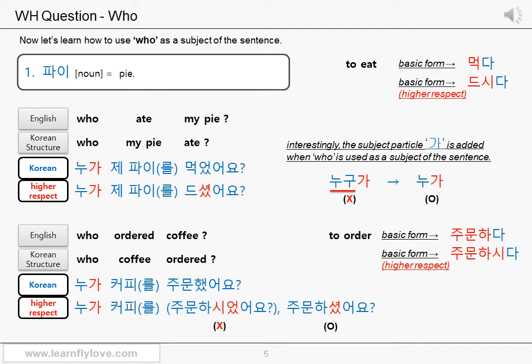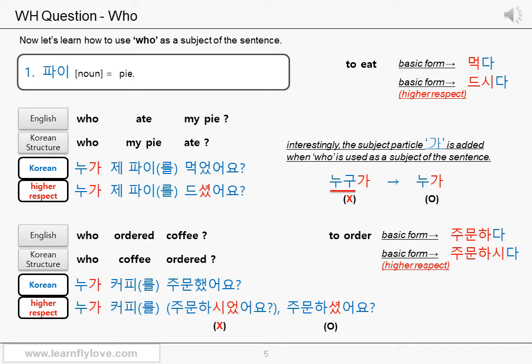The past tense of the verb 먹다 with the honorific suffix 요 is 먹었어요. Add 었어요 sound to the stem. 먹었어요. 누가 제 파이를 먹었어요? Or 누가 제 파이 먹었어요?